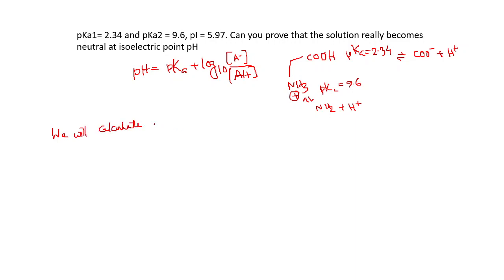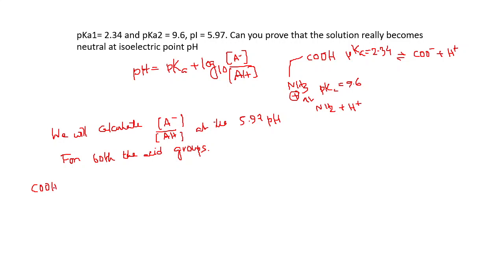So what we will do is calculate the A minus by AH at pH 5.97 for both the acid groups. Let's start with the COOH group first, COO minus with the H plus.